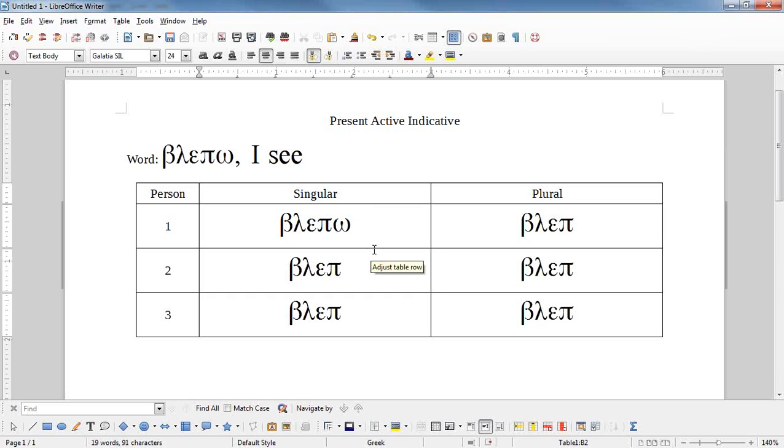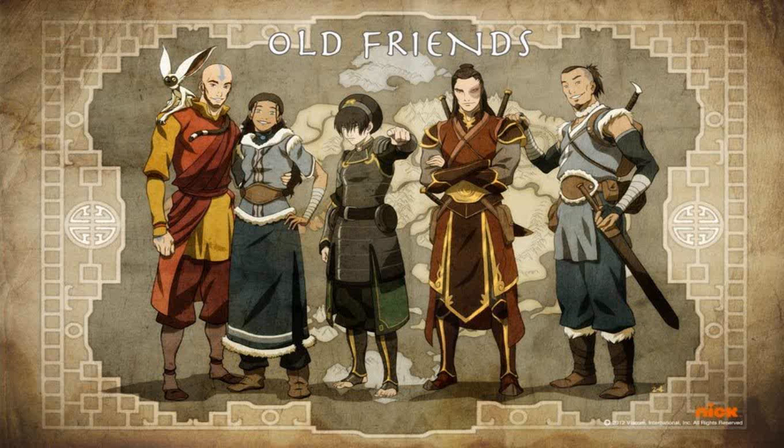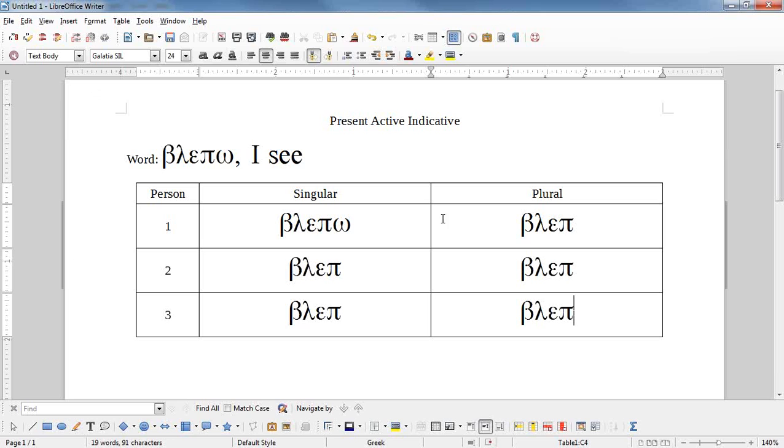Now I'm going to go out of order so that we know and understand these different forms. Let's go across down. What do I need to add in the third person plural? Third person plural. Who said it? Sigma. Third person plural? Yes, third person plural.